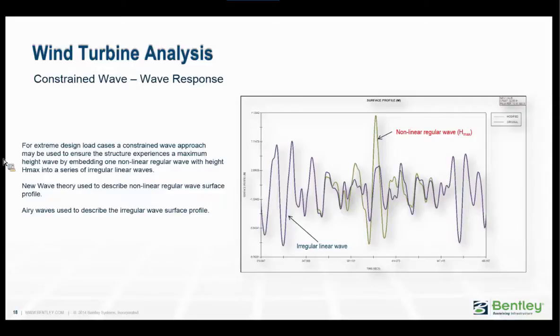The alternative, a quicker way of doing this, is to embed a constrained wave in your irregular wave. In other words, this is an H-max wave, and then you could use this directly to do your extreme wave analysis.